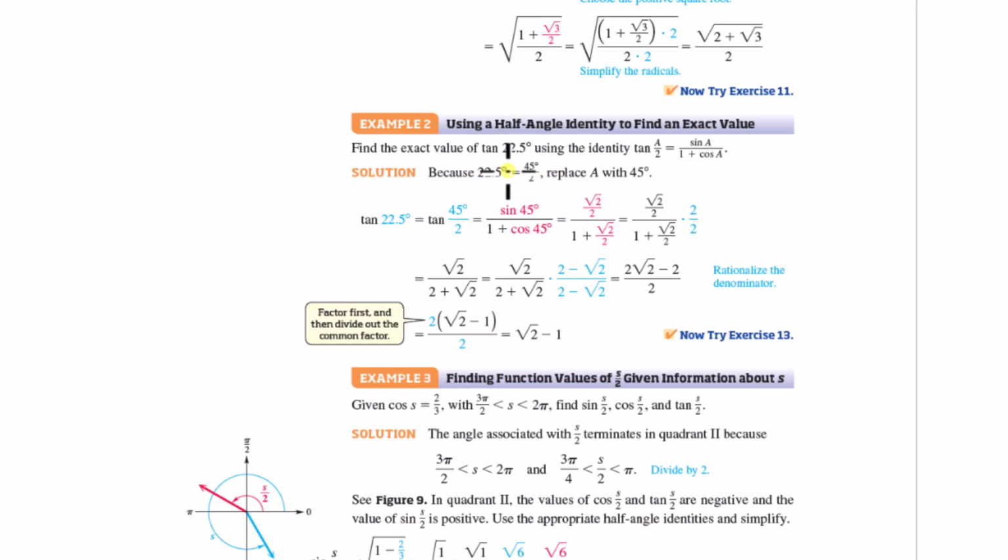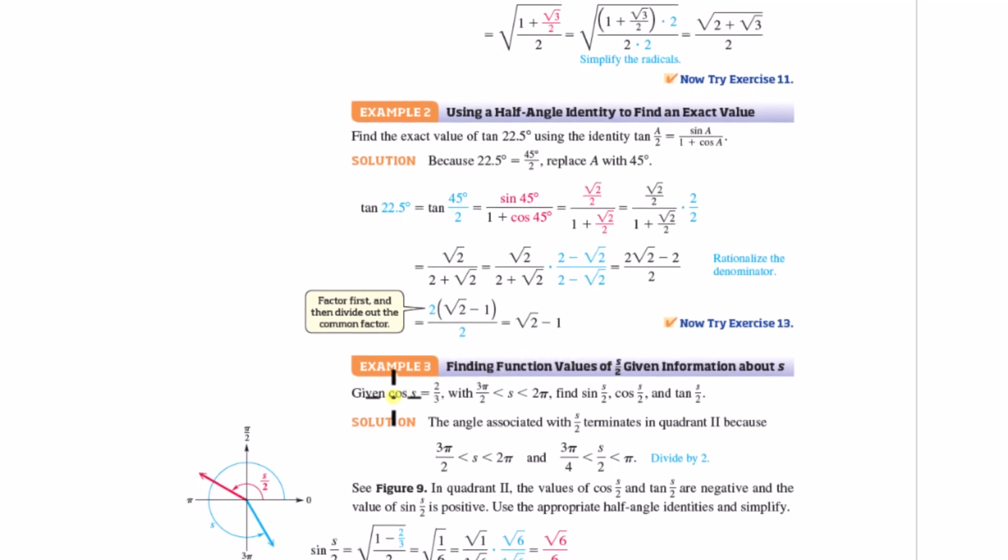And you can take 45 divided by 2, take 105 divided by 2, so 52.5, you can find an exact value for 52.5. So actually, this does open the door for more exact values of angles. So there it is: the tangent of 22.5 degrees is root 2 minus 1.